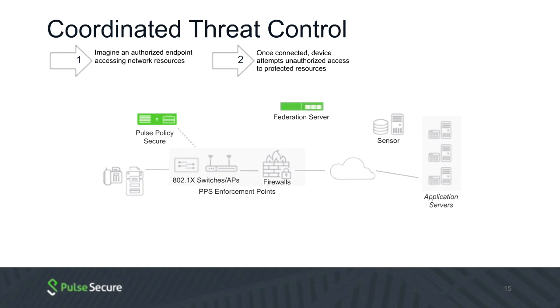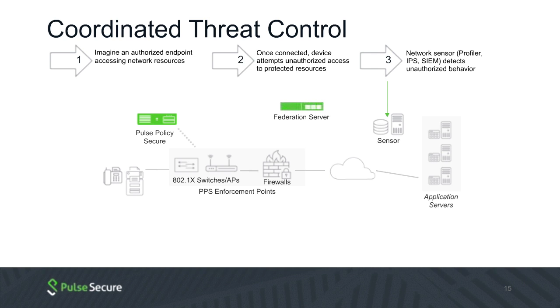This could be a scenario where an end user has opened a phishing email, and maybe their PC is compromised, and so they have some kind of remote access Trojan that's allowing an attacker to control their PC, and their PC is now trying to access resources in the environment that are unauthorized or abnormal.